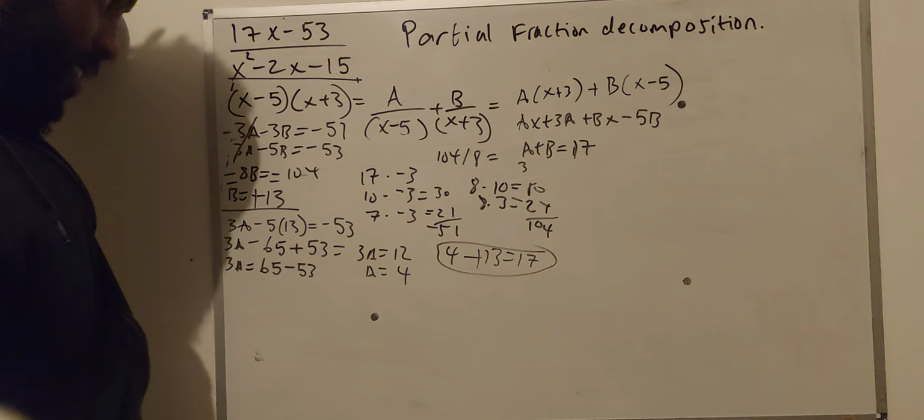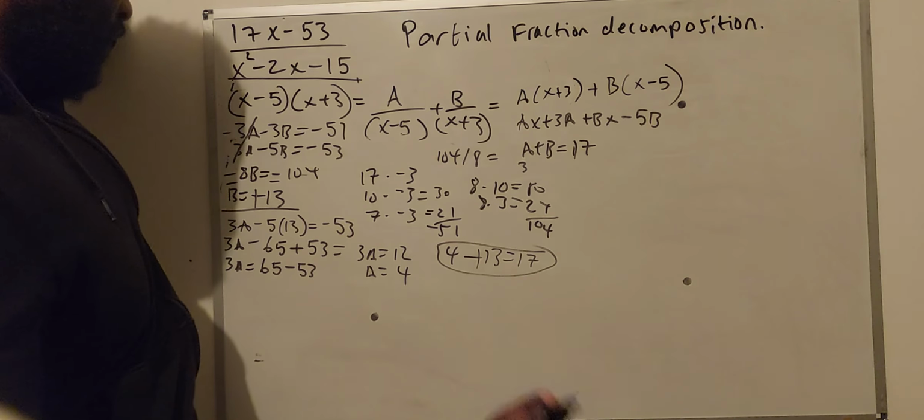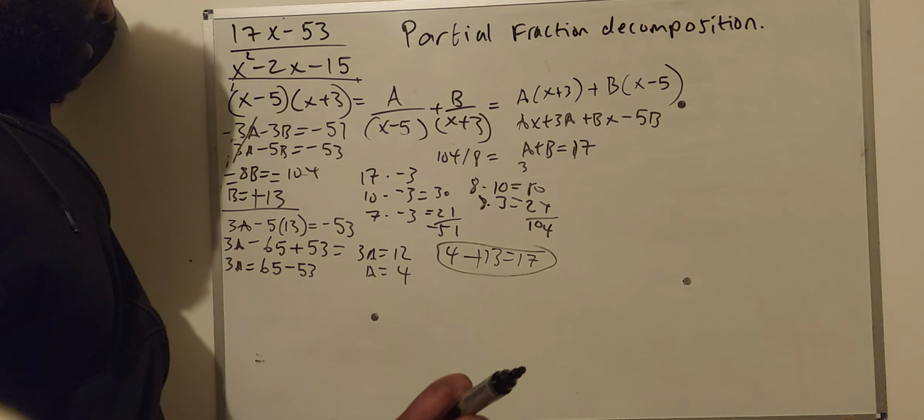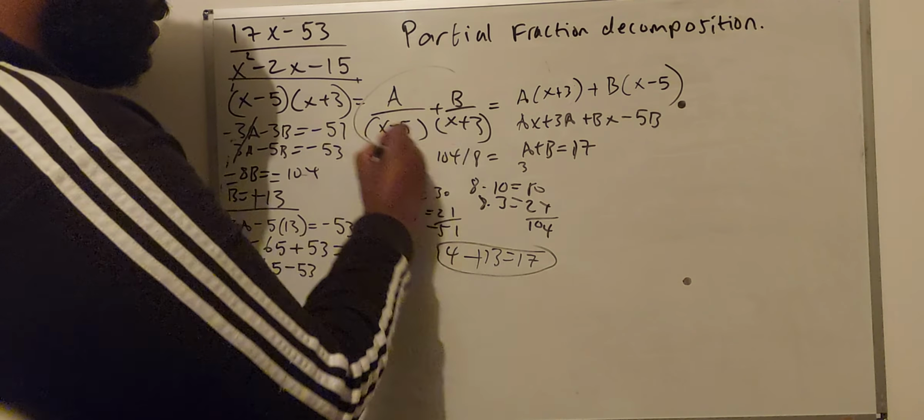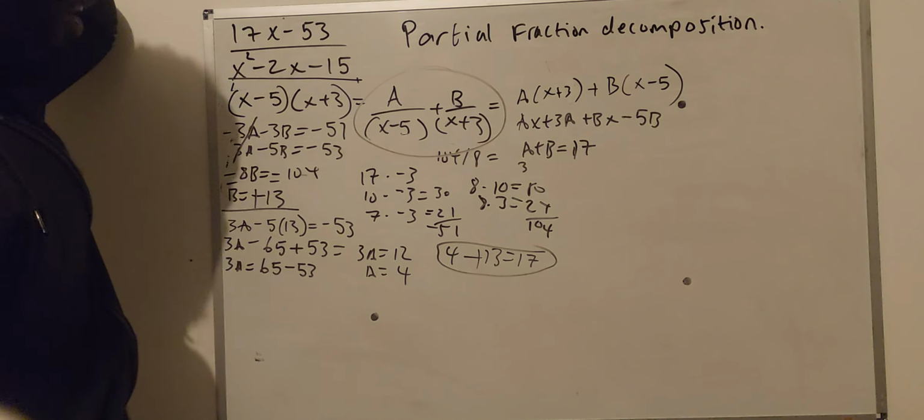Now, this is the last thing that you guys need to remember. Make sure you don't forget this. You have to write it in this form, or you miss a mark. I used to make that stupid error.